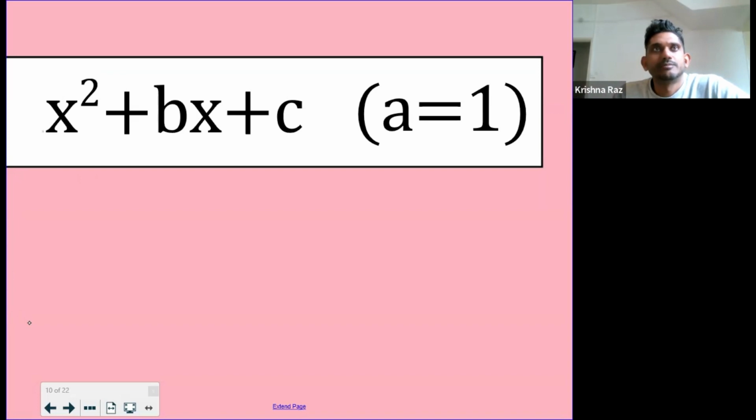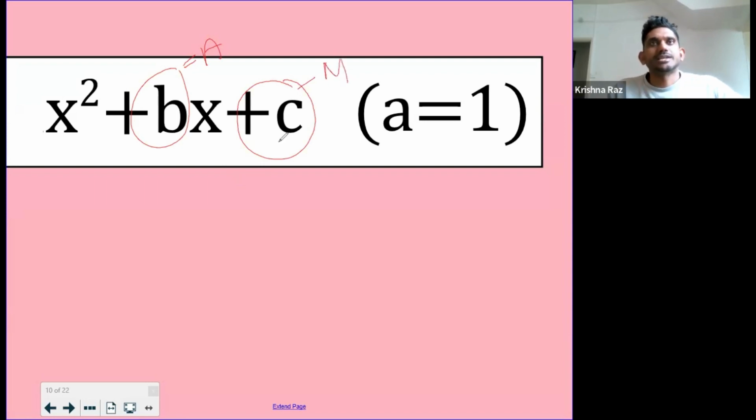So you can see by magic that fades out. So it's this type of quadratic we'll be looking at. And the trick to it is we'll be looking for numbers that add to give us b and multiply to give us c.